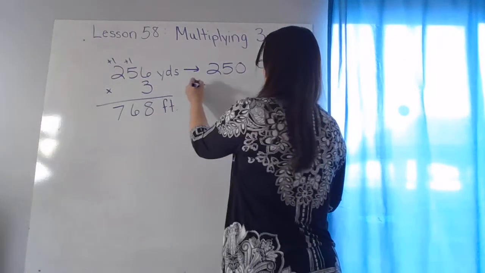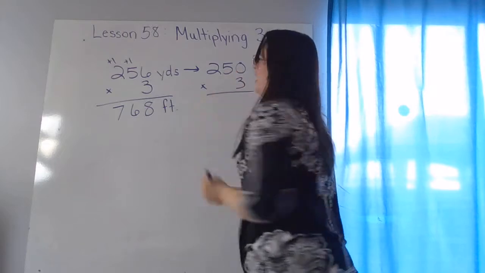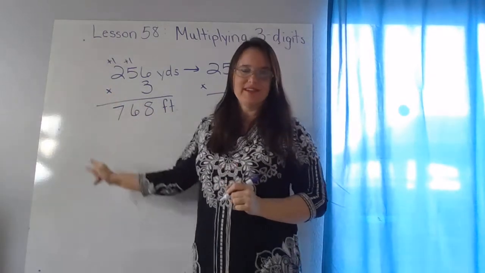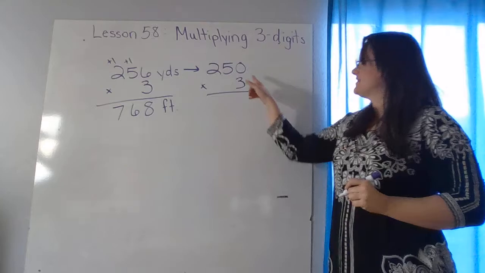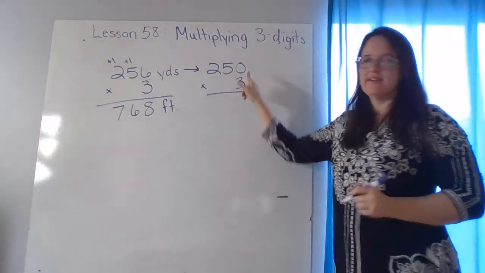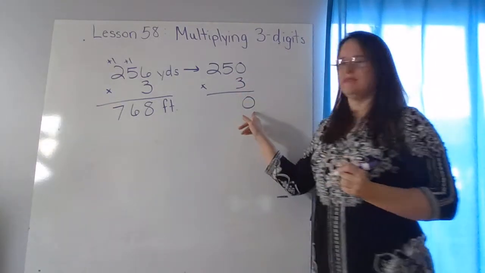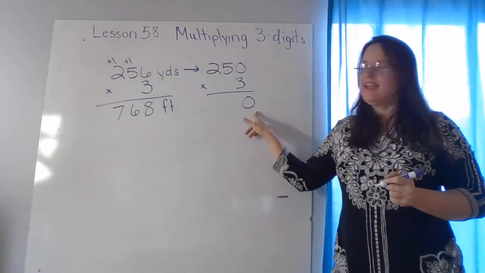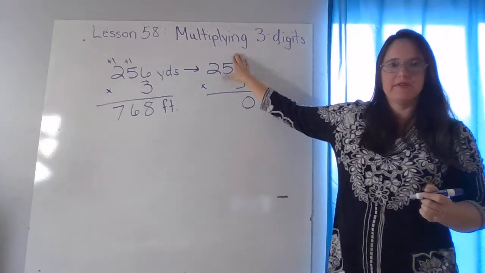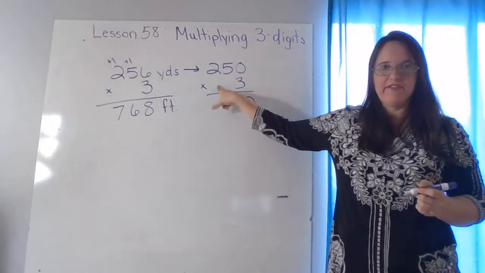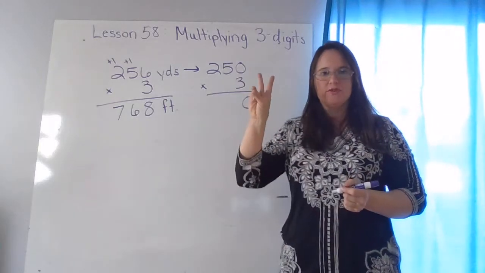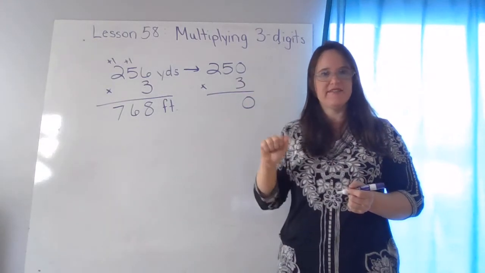I'm still going to multiply it times 3. But I'm not going to go through this whole process. I'm going to say, hey, there's a 0 here, so I'm going to need a 0 at the end of my answer. And then I'm going to ignore that 0, and I'm just going to count by 25 3 times. So 25, 50, 75.